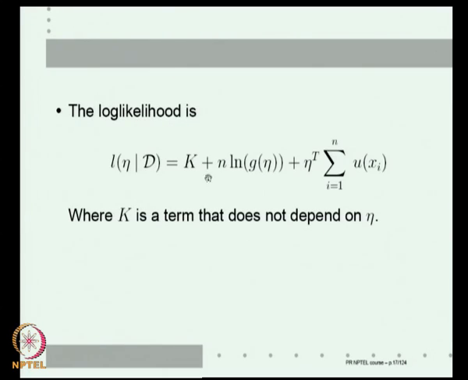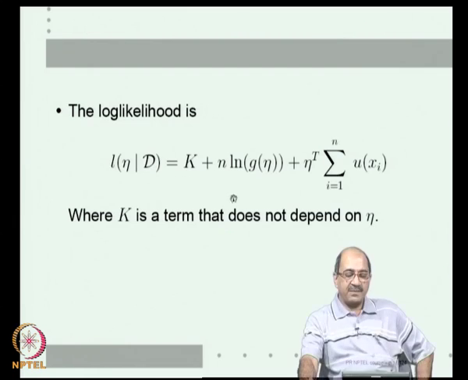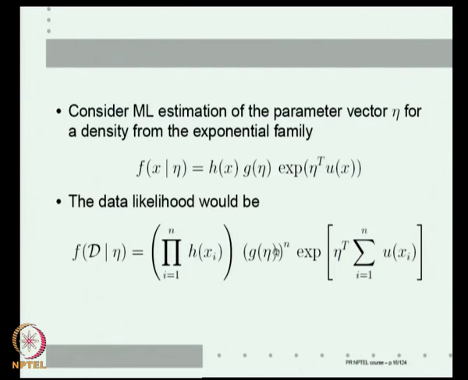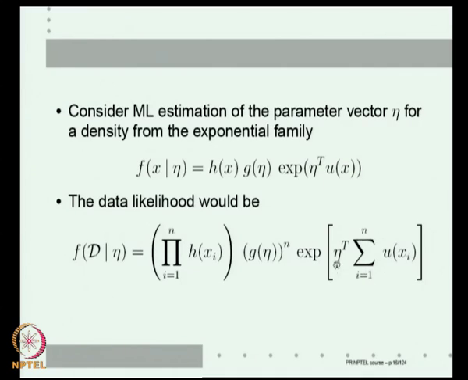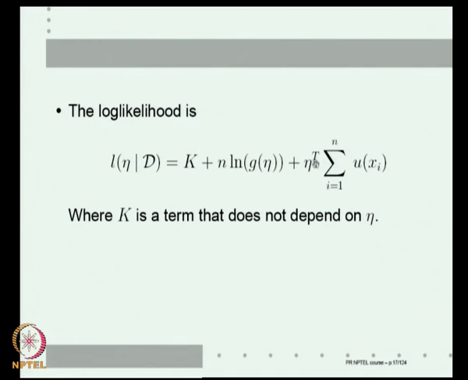So, I wrote it as some k. So, the log likelihood will be k plus n times ln g eta plus log of this will give me eta transpose u x I. So, this is the log likelihood where k is a term that does not involve eta.